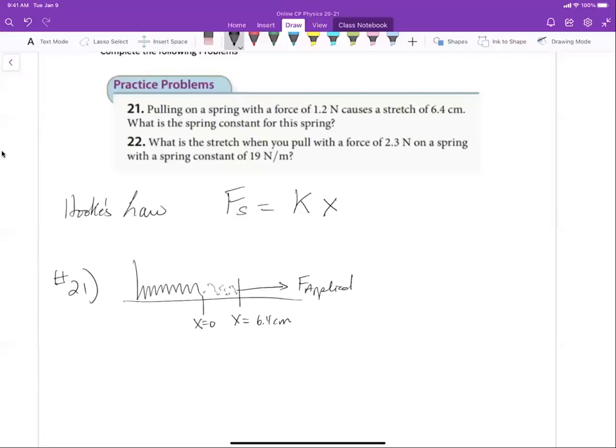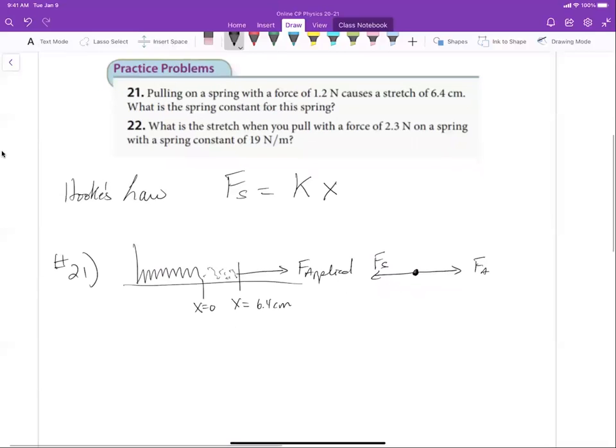So if I draw a free body diagram of me stretching it, force applied, which direction is the force of the spring? It's trying to get back to where it was, so it's pulling to the left. They tell me that I stretched 6.4 centimeters.